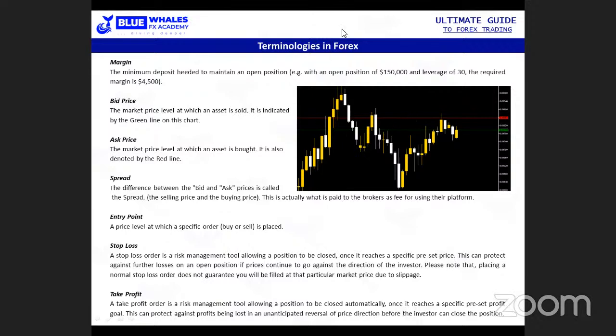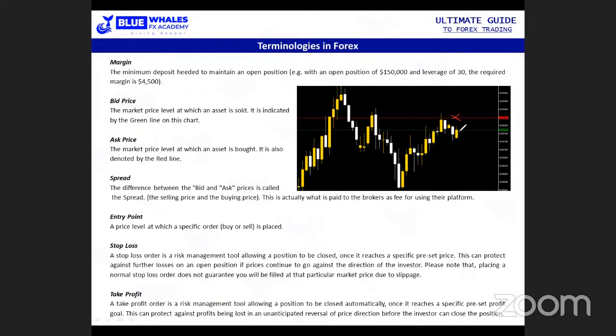If I want to enter a buy on this chart, let's say at this level, I've seen a very nice setup. I want to enter a buy. From here, this red line will activate as a buy for me, right?